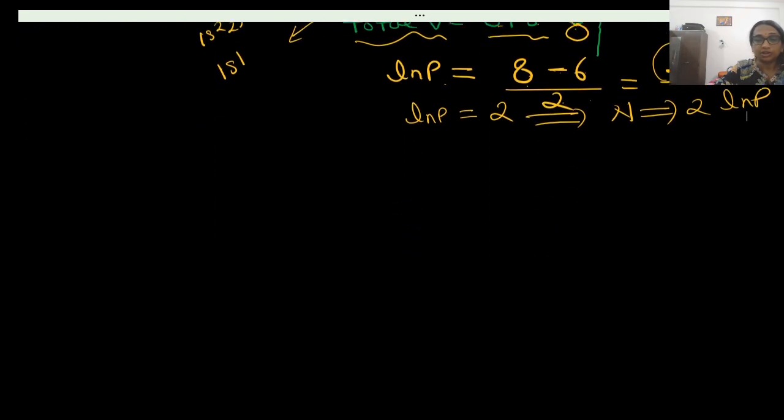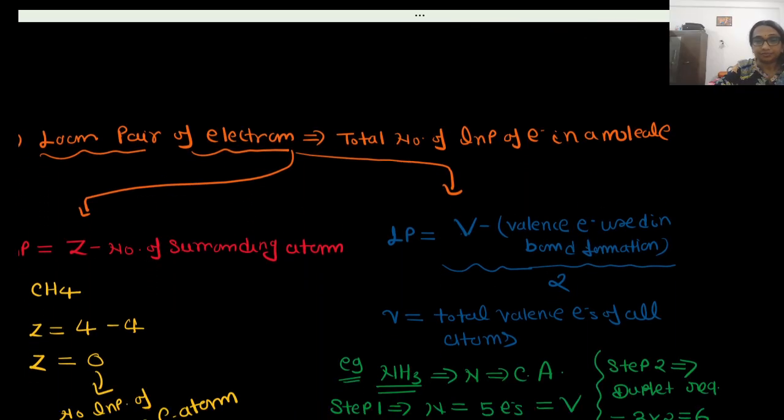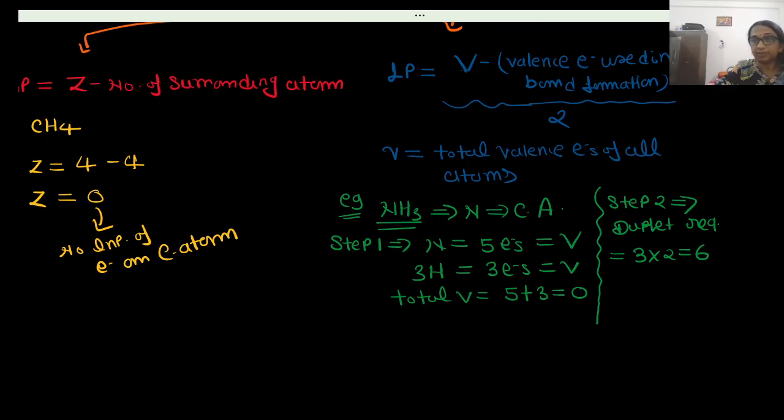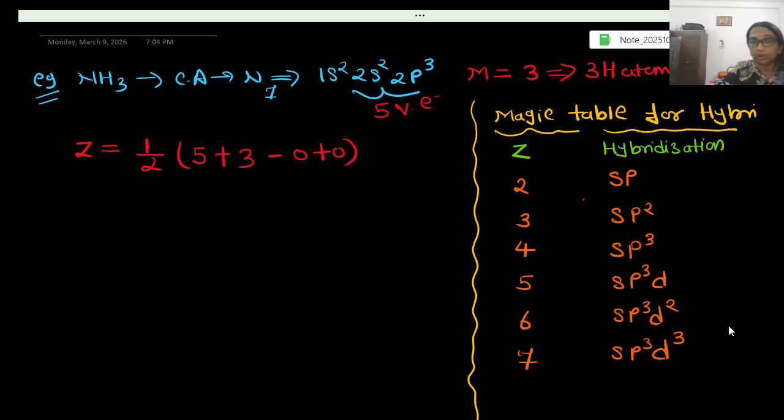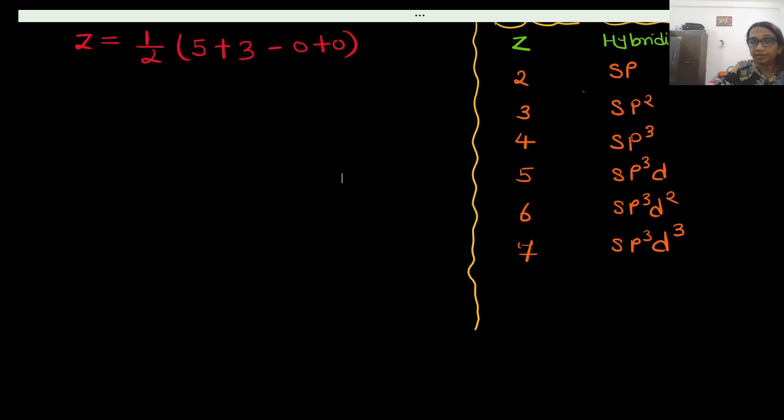Now comes the next trick: calculation of the bond order. Calculation of the bond order with the help of the triangle magic.